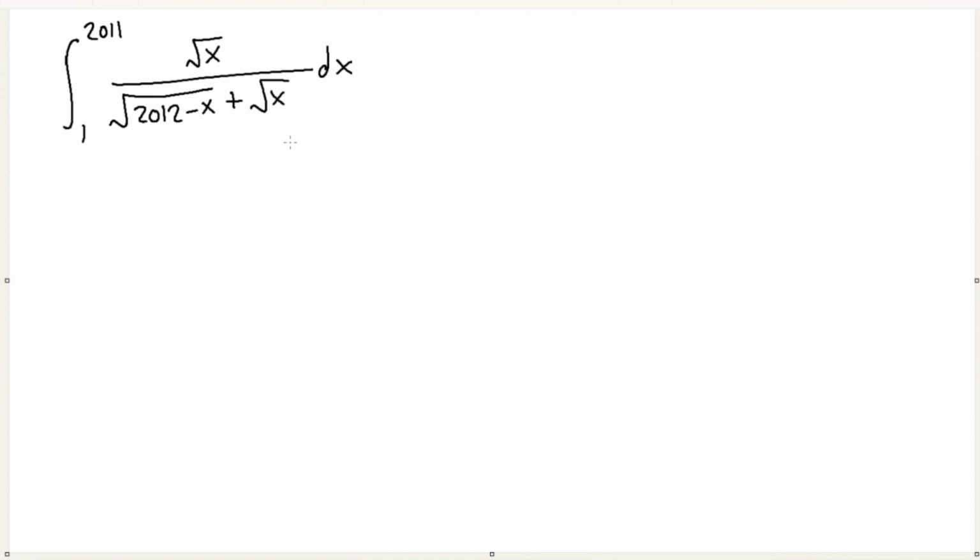So, of course, I'm gonna go ahead and just go through. Of course, you can easily see that this is King's rule just by looking at 2012 minus x and the symmetry here.